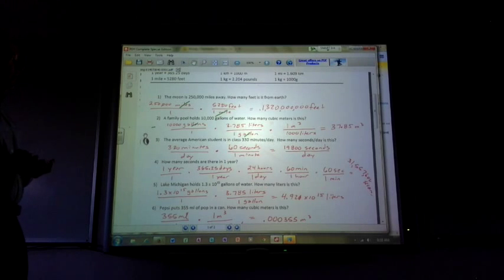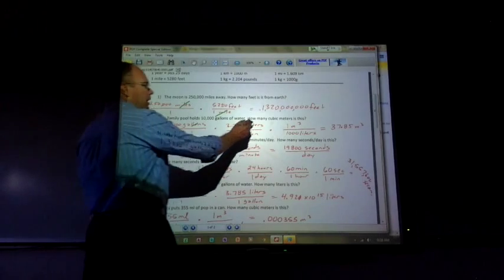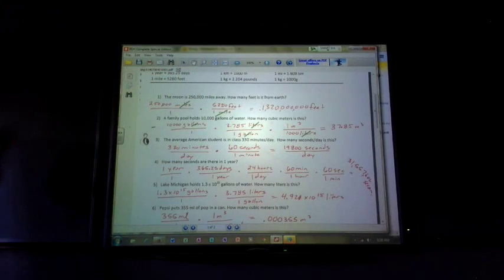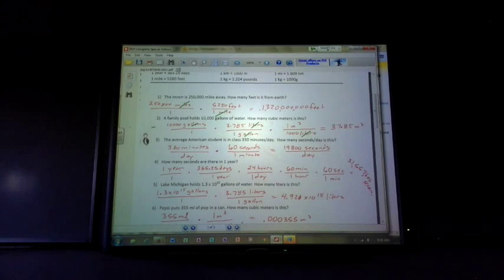And then I know that 3.785 liters is 1 gallon, and I know from above that 1 cubic meter is equal to 1,000 liters. So if you go 10,000 times 3.785 divided by 1,000, you're going to get 37.85 cubic meters of water. Remember, a cubic meter is 1 meter by 1 meter by 1 meter. Think about a big box that would do that.